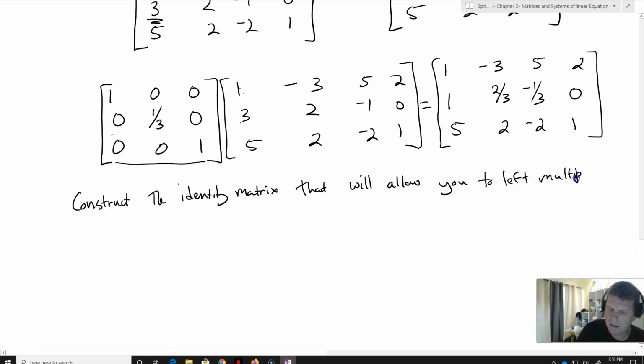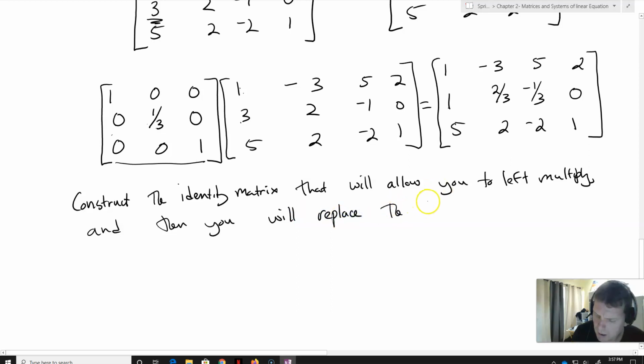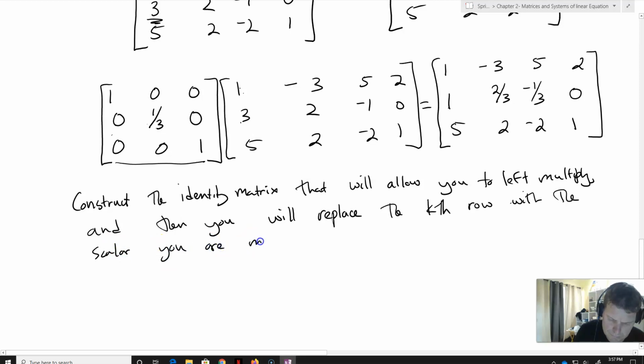And then you will replace the kth row, the row that you want to change, with the scalar you're multiplying by. And that's it.